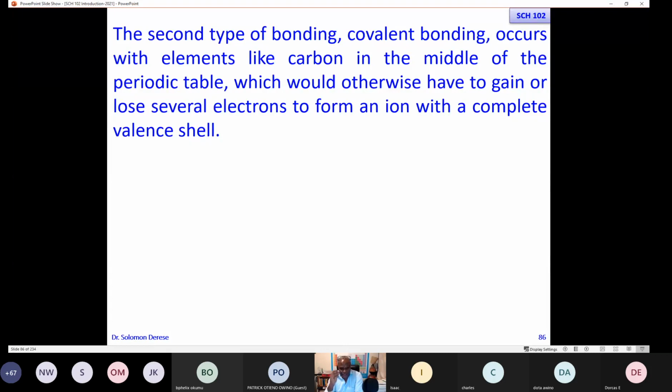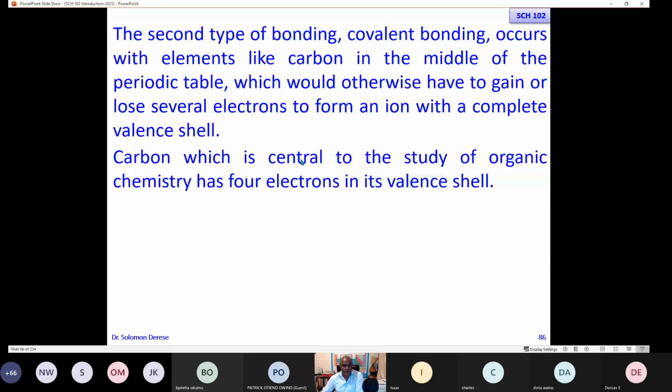As a result, such elements, when they are involved in chemical bonding, do so through sharing of their electrons, because otherwise they have to lose or gain several electrons, which is not energetically favorable.